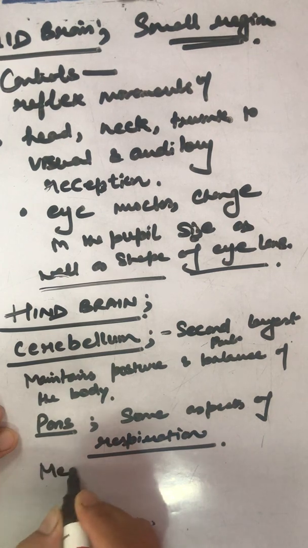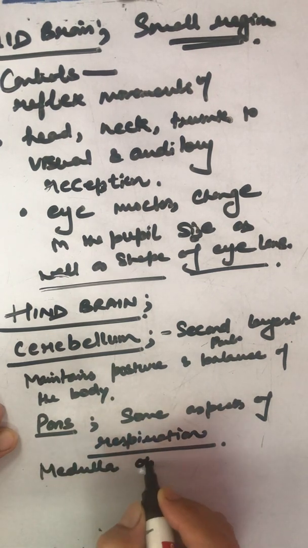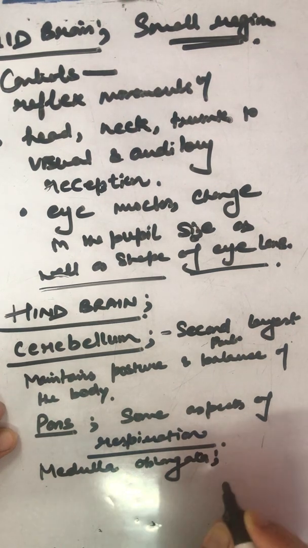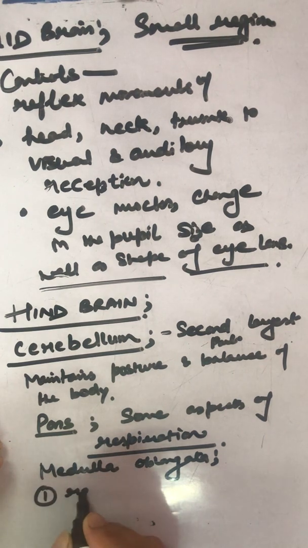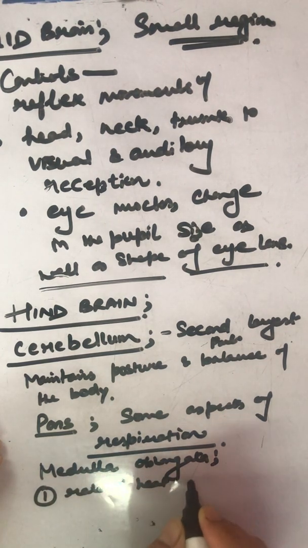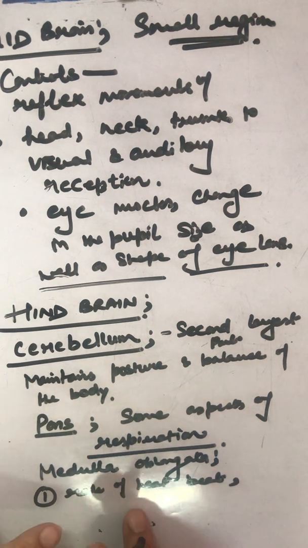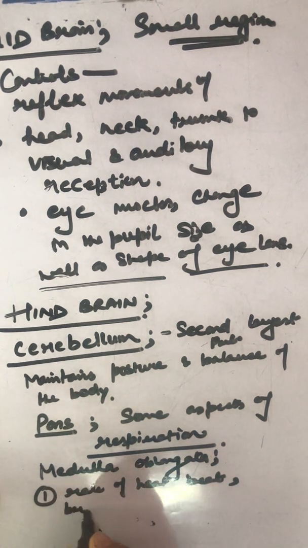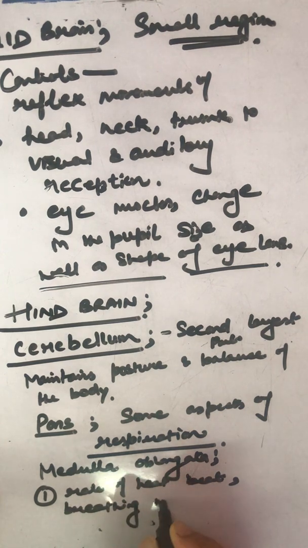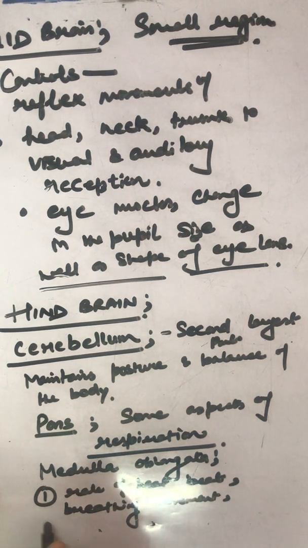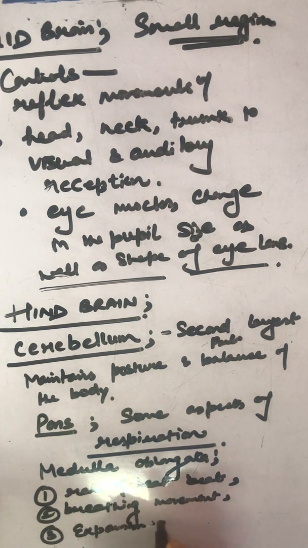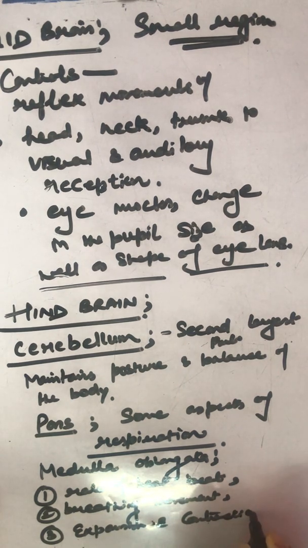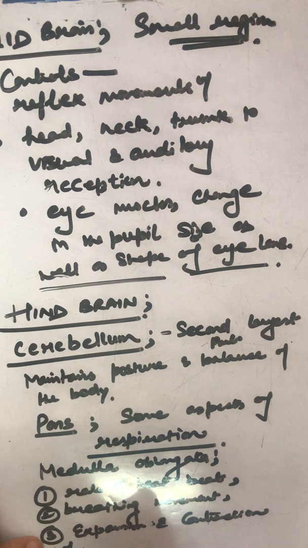Then is medulla oblongata. Medulla oblongata is responsible for regulating the rate of heartbeat, breathing movements, expansion and contraction of blood vessels, which we call vasoconstriction and vasodilation, whenever the blood has to be filtered out.